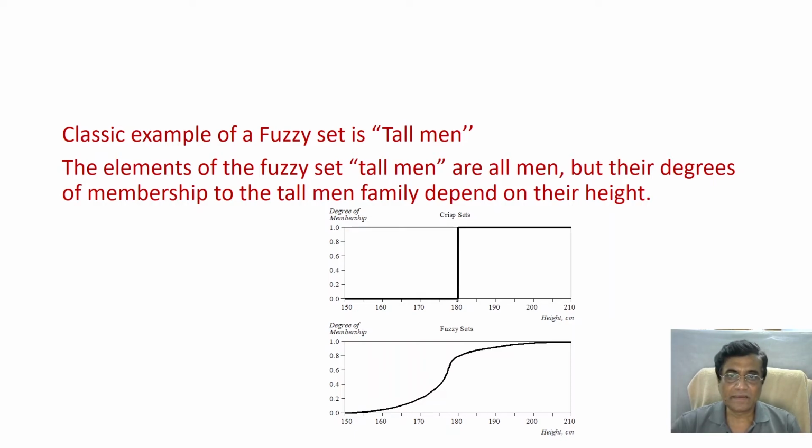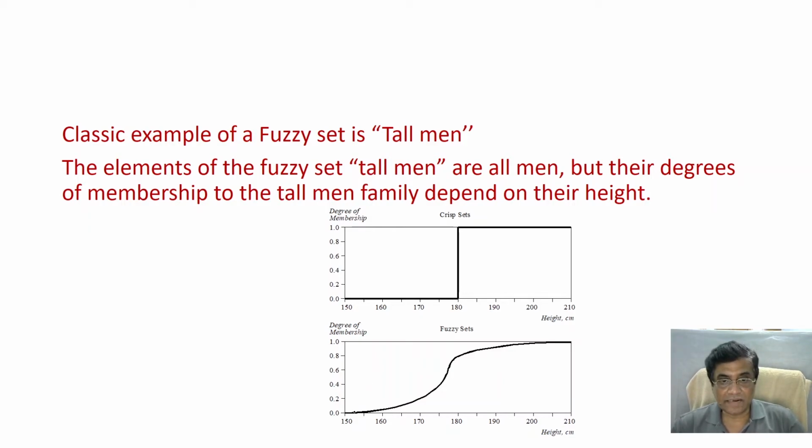I am calling everything short, but as soon as it becomes 181, measured by a scale with a sensor, you are telling it tall, characterizing the person as tall. But 180 is short, 179 is short, which is very much wrong.